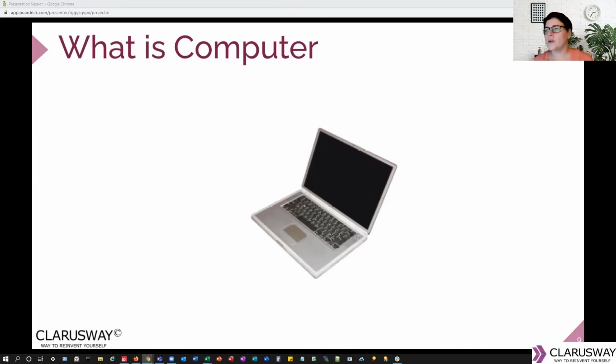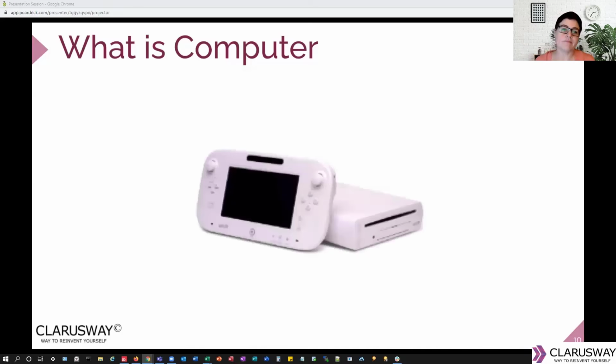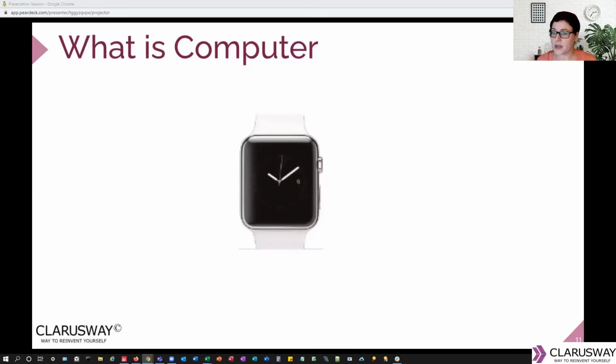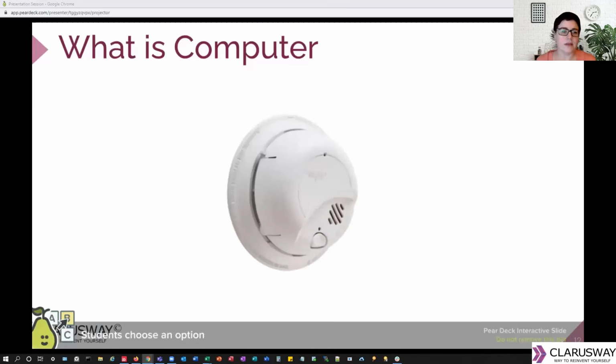So what is a computer? This obviously is the traditional image that comes to mind. Then we have our gaming systems, absolutely computers. We talked about watches. Smoke detector. Is a smoke detector a computer?